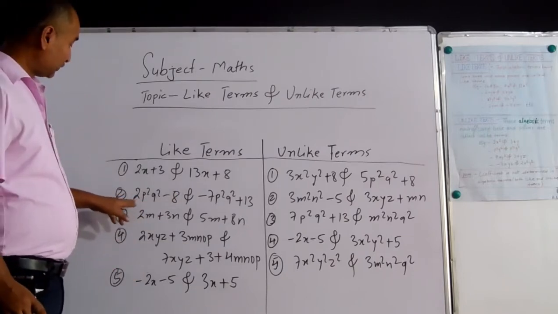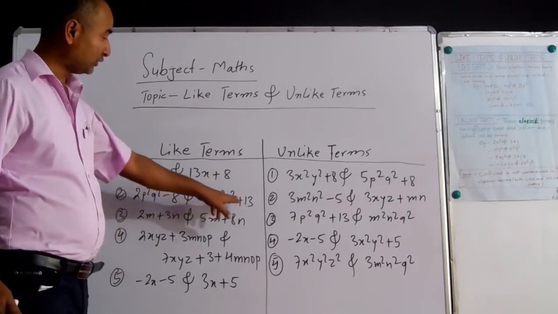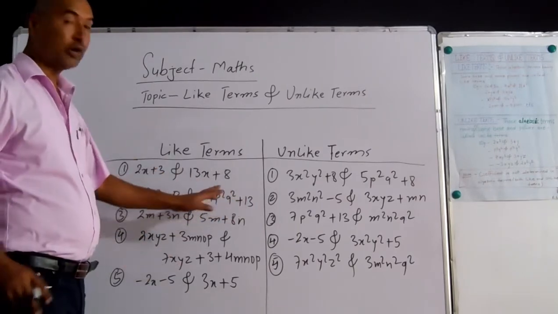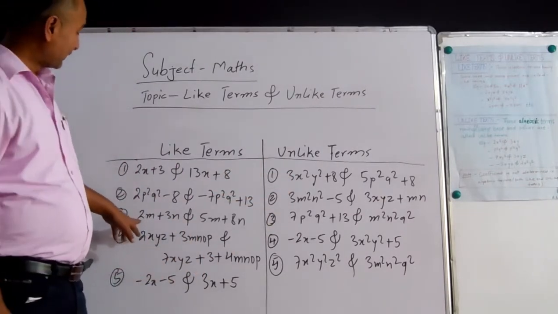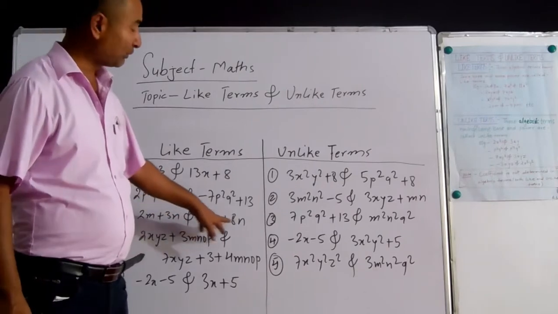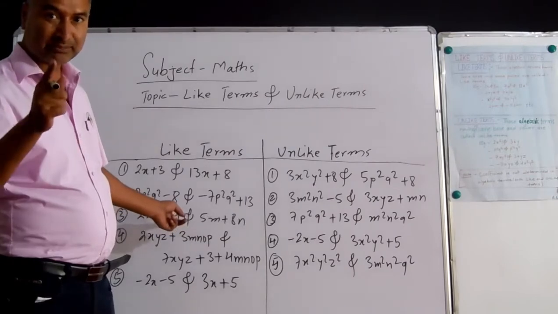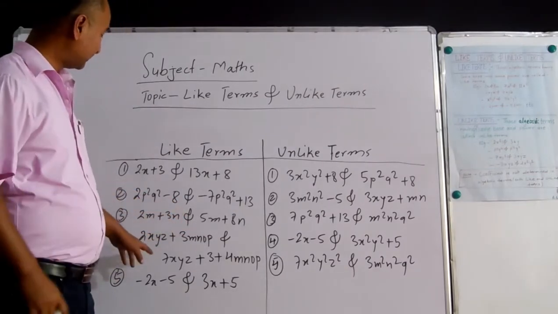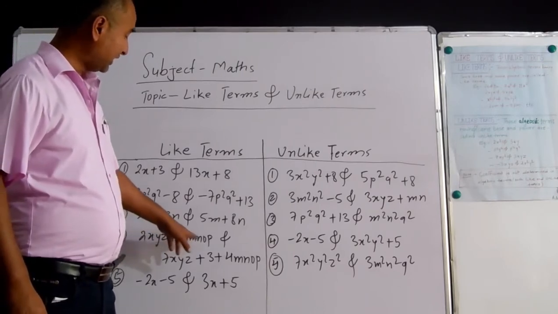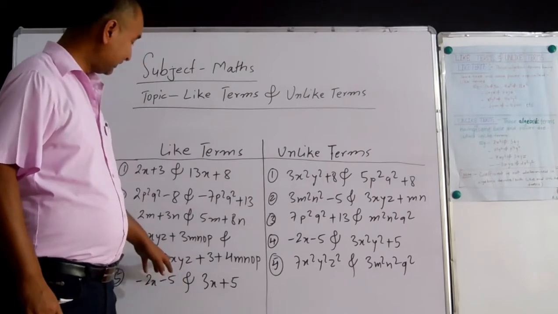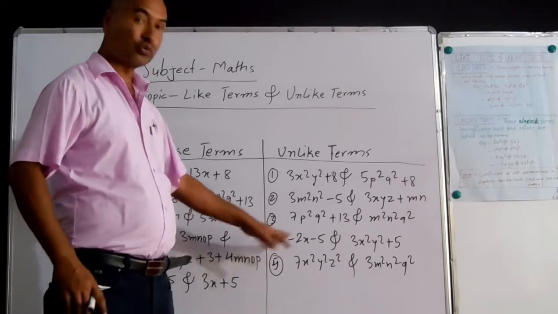Another example, 2p square q square minus 8 and minus 7p square q square plus 13. That means both the power and variable are the same, they are like terms. Third one, 2m plus 3 and 5m plus 8. Both terms have the same variable and same power. Fourth one, 2xyz plus 3mnop and 7xyz plus 3 plus 4mnop.